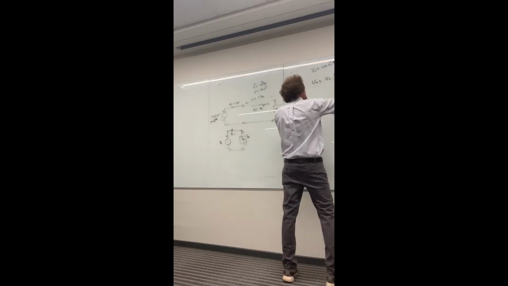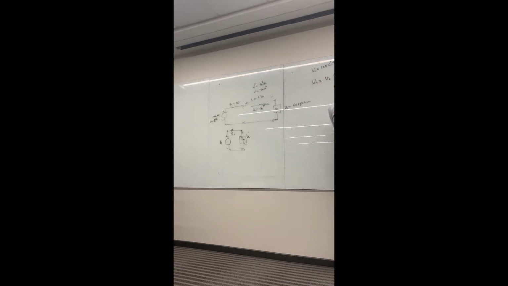Now I need my Zin, and Zin is Z naught times ZL plus j Z naught tangent of beta L, over Z naught plus j ZL tangent of beta L. Here, beta is 2 pi over lambda.